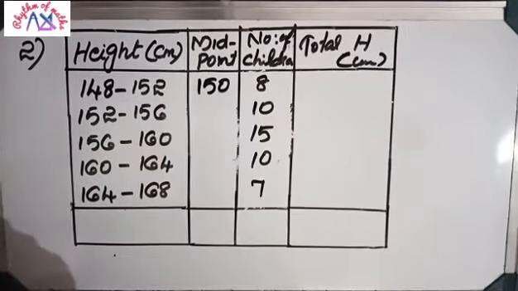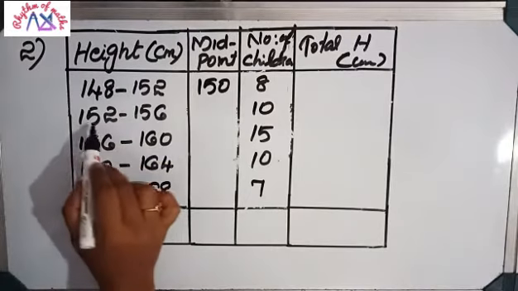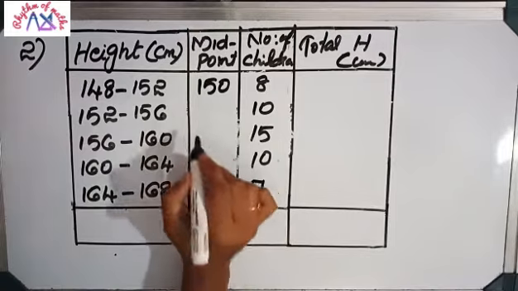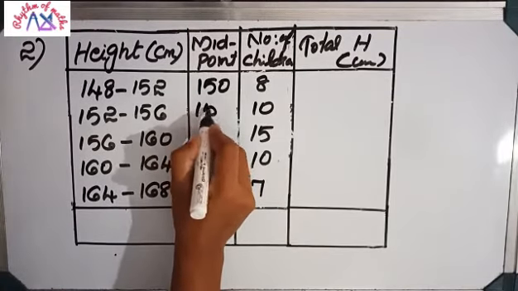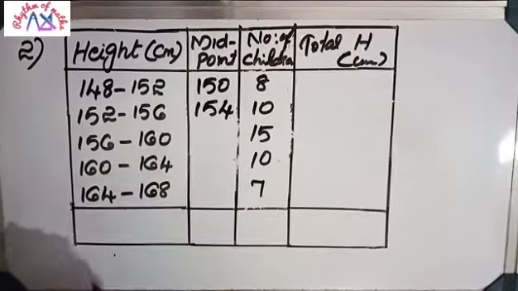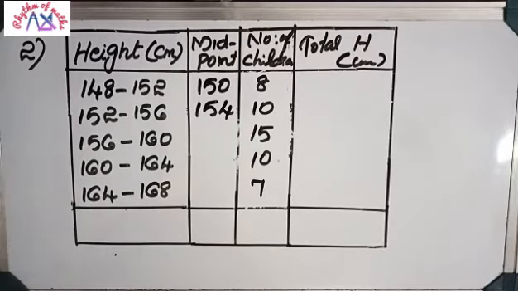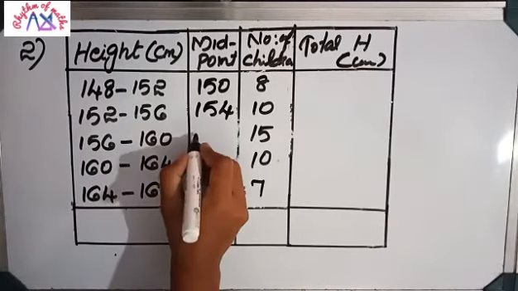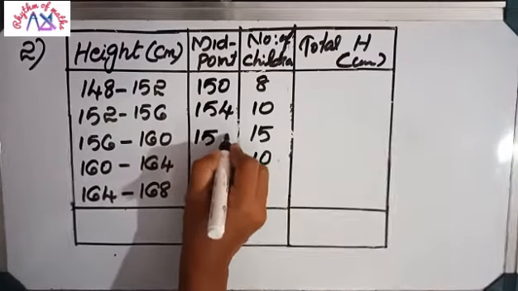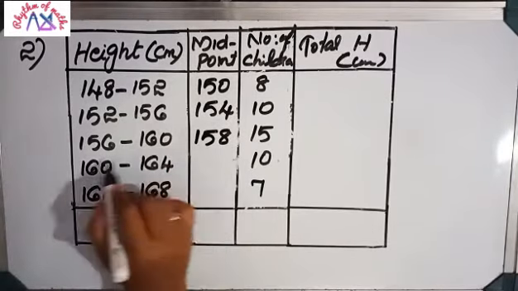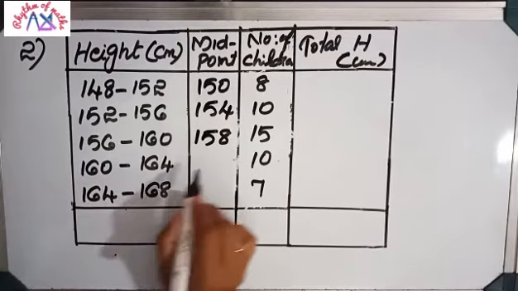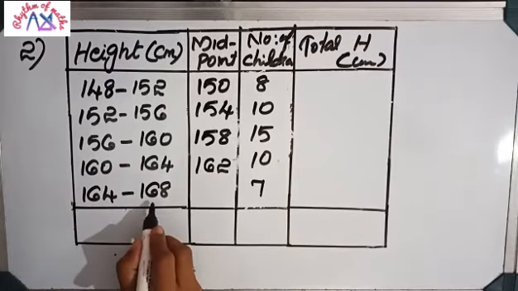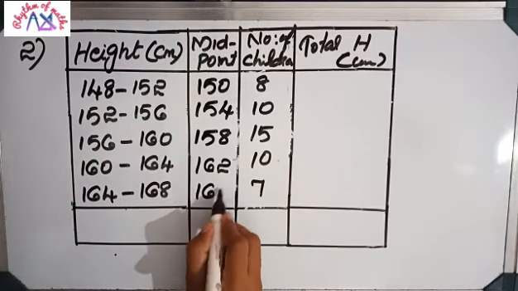Second, for 152 to 156, the middle number is 154. Next, 156 to 160, the middle number is 158. Next, 160 to 164, the middle number is 162. Now 164 to 168, the middle number is 166.